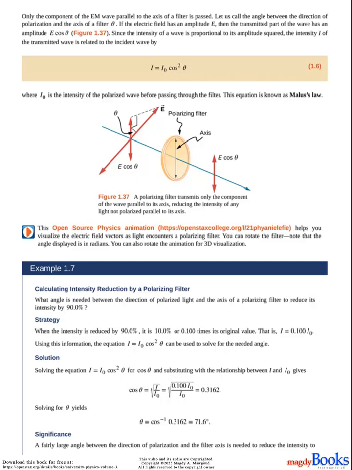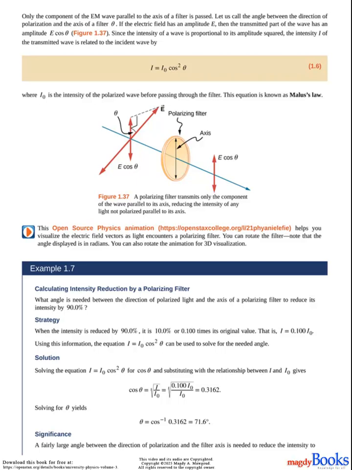Using this information, the equation I equals I0 cosine squared theta can be used to solve for the needed angle. Solution. Solving for cosine theta and substituting with the relationship between I and I0, gives cosine theta equals square root of I over I0 equals square root of 0.100 I0 over I0 equals 0.3162.